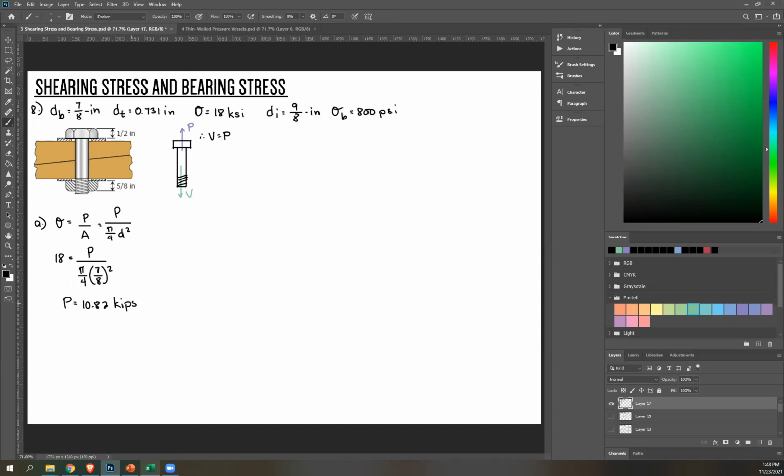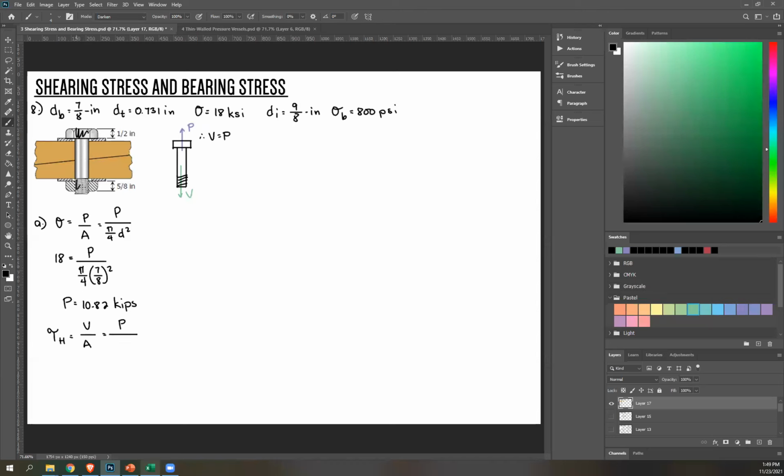We can finally solve for shear stress. Let's start in the head. Shear stress in head, I'll call that tau sub H. And that's just V over A. V is the same as your applied or resulting load P. A. So to illustrate, this is your bolt, right? This is what you rotate to tighten this screw.